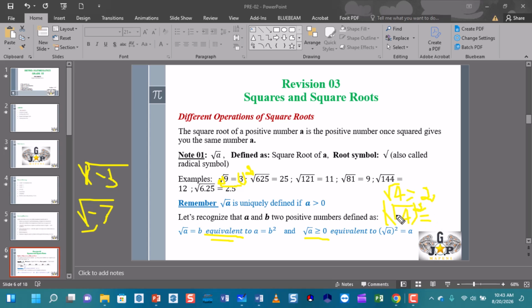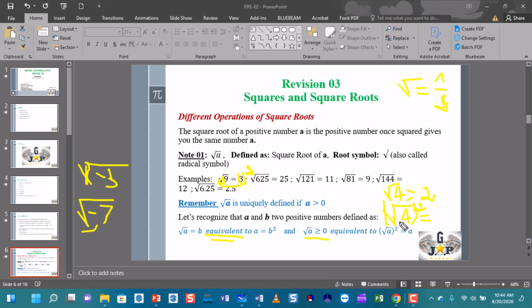Something you have to understand here is that the square root itself, the radical symbol, I'm going to write it here, is equal to the exponent one half.